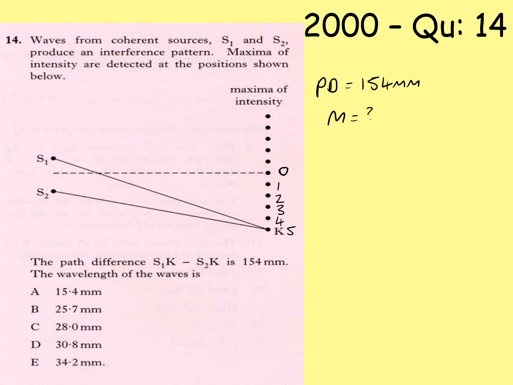So m is equal to 5. Remember the rule for constructive interference: path difference is equal to m lambda. In this case, our path difference is 154 millimeters, and this is equal to 5 lambda. So lambda is 154 divided by 5, which gives you 30.8 millimeters. D.